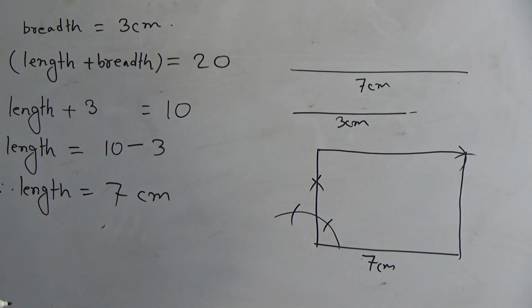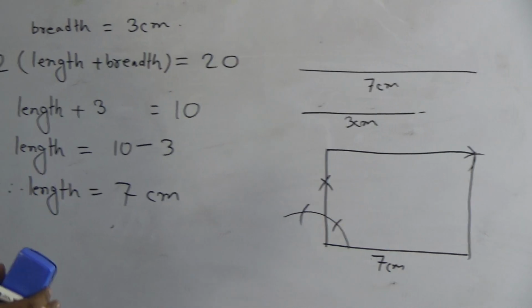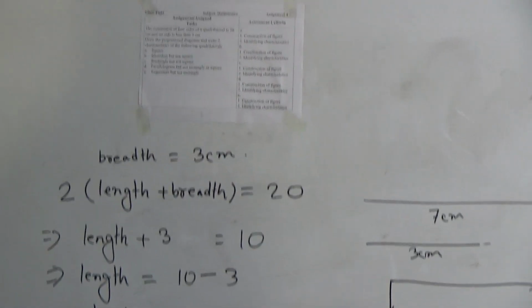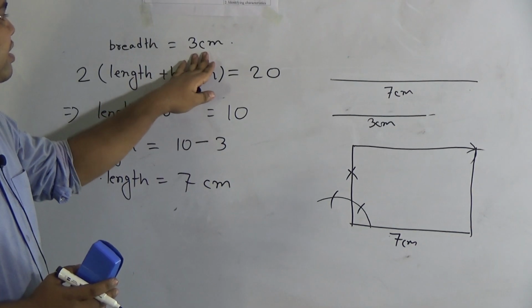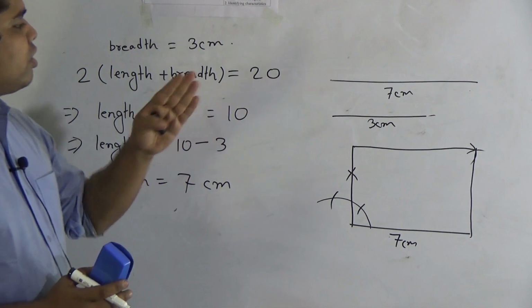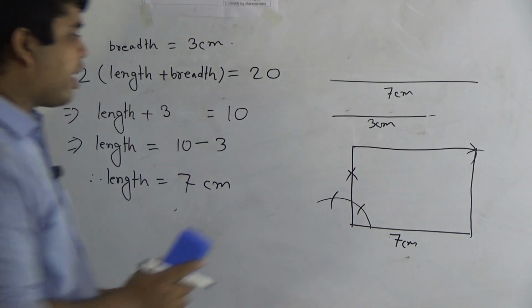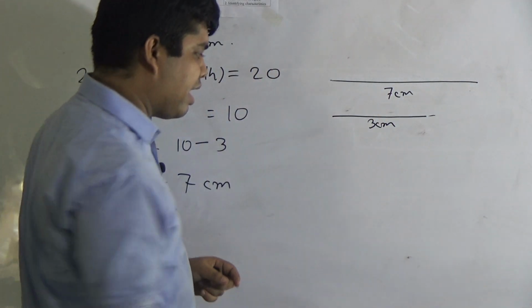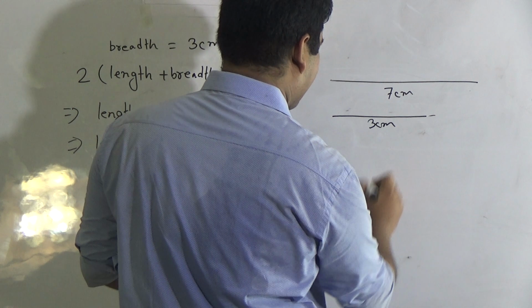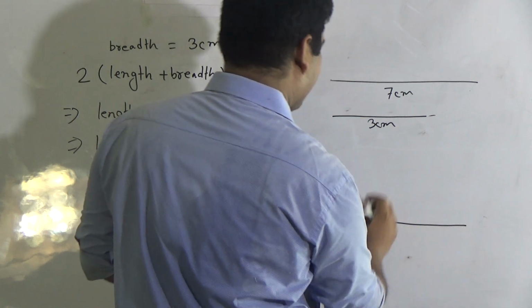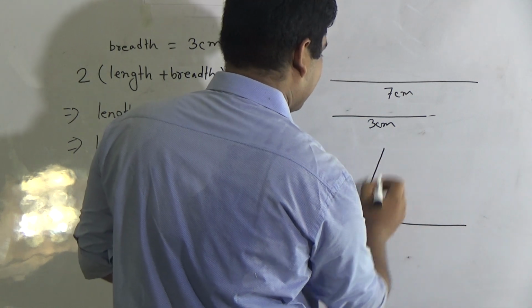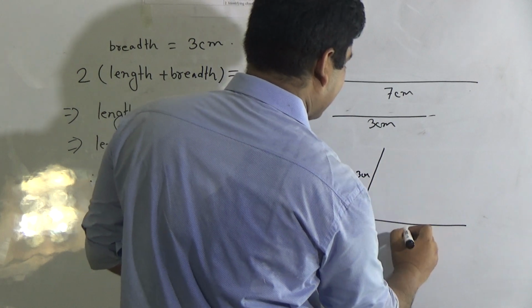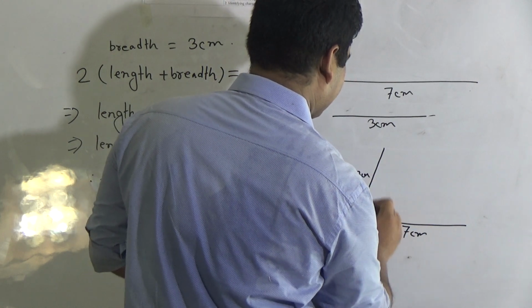And parallelogram is the same as question number C. That means its length is 7 centimeter and breadth is 3 centimeter, but here no angles will be right angles. So how can you notice, this 7 centimeter, this 3 centimeter, and you can take any angle less than 90 degree. That means this is 7 centimeter, here you draw a 60 degree angle, and this is 3 centimeter, this is 7 centimeter, okay.